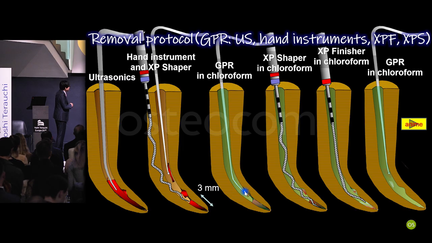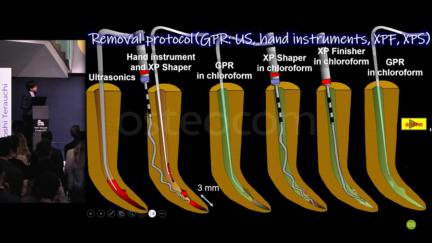You can first agitate chloroform with a hand instrument. Then you will use XP endo shaper, followed by XP finisher in the presence of chloroform. Then you will remove everything. So this is the protocol I always use. So let me show you a video from here.